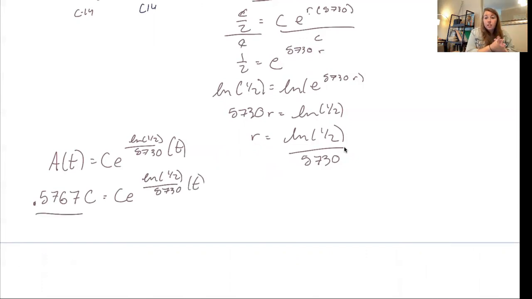So half-life is 50%. I just did 1/2, but I could have done 0.5. That's the same.